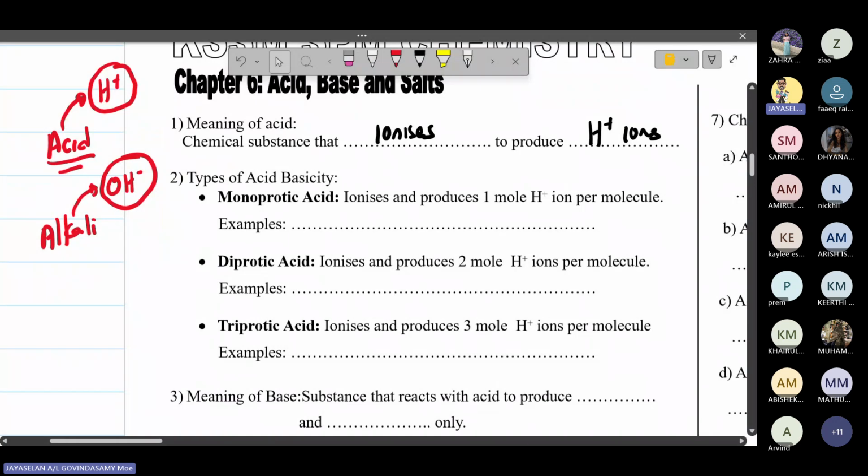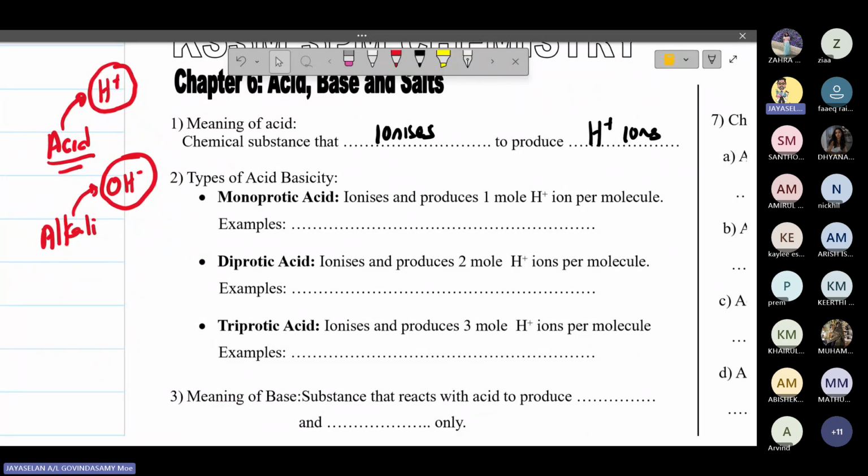Okay, next one, the basicity of acid. Remember, basicity of acid means it has one hydrogen ion, 2 hydrogen ions, 3 hydrogen ions. It can be strong acid or it can be weak acid. That is basicity. Acid has two types, strong acid and weak acid.